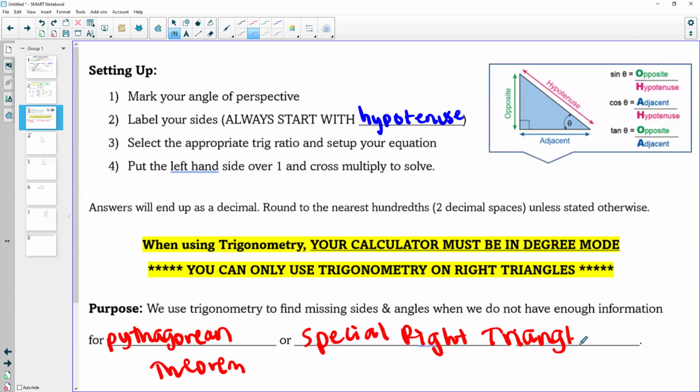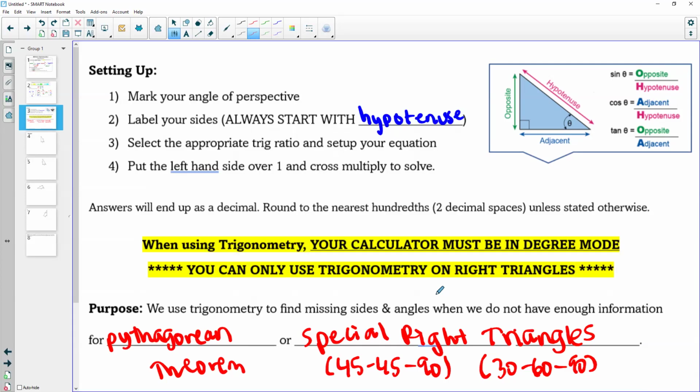So in other words, we use trigonometry here when we can't find a missing side length by using Pythagorean theorem, a squared plus b squared equals c squared. Or if we see that we cannot find a missing side by using special right triangles. Your special right triangles are your 45, 45, 90, or 30, 60, 90. Okay, so if neither of these two methods work to find a missing side of a right triangle, we can typically rely on trigonometry to help us find missing sides.